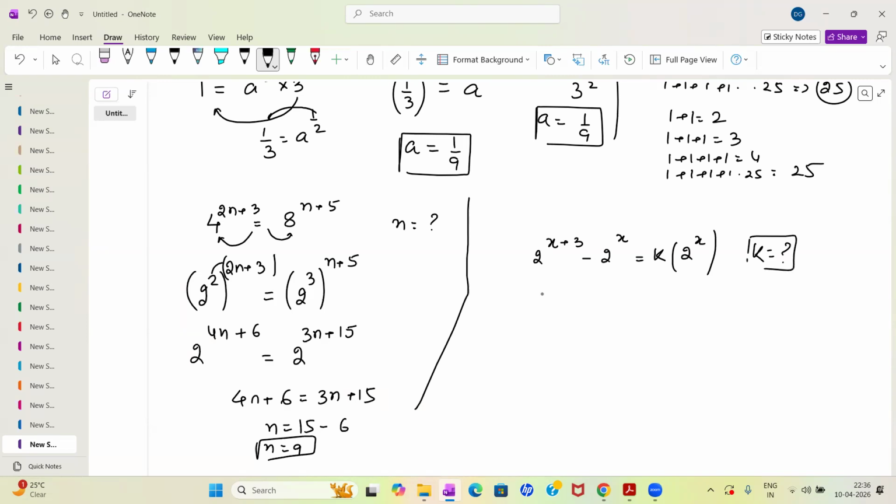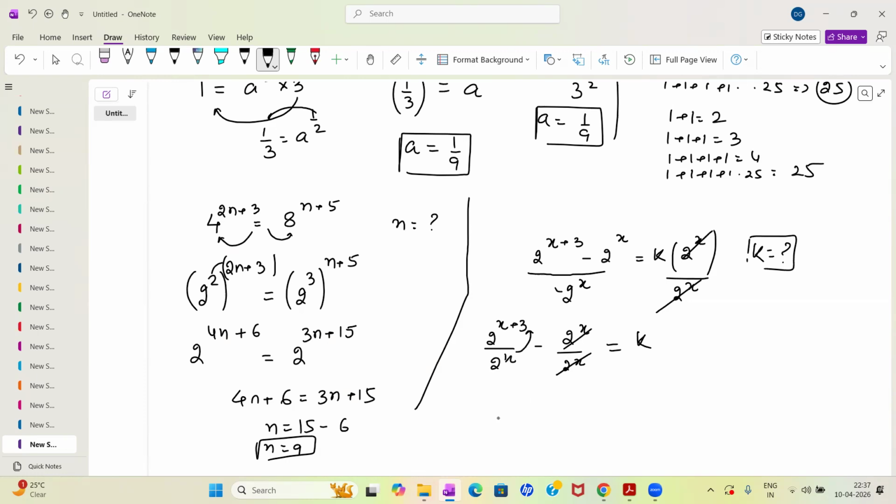Now, what we will do in these questions, we will divide the equation by 2 to the power x on both sides. So this will become 1, and this can be written like 2 to the power x plus 3 upon 2 to the power x minus 2 to the power x upon 2 to the power x. And this is k.